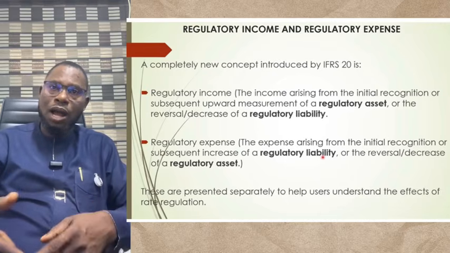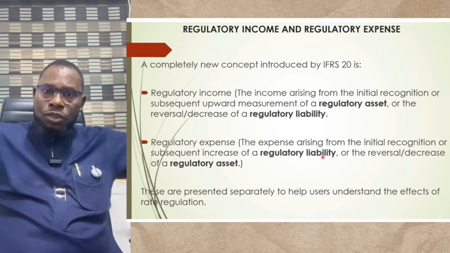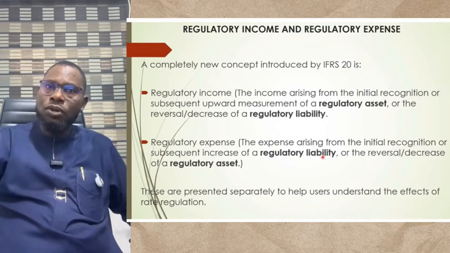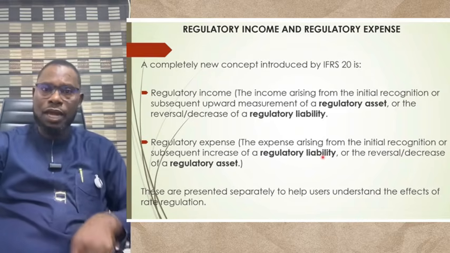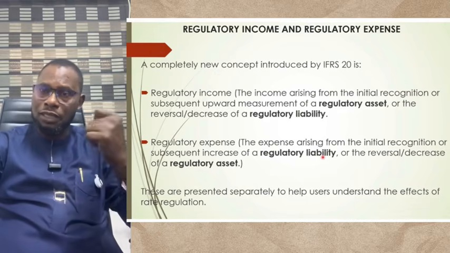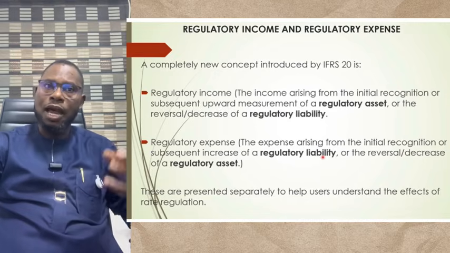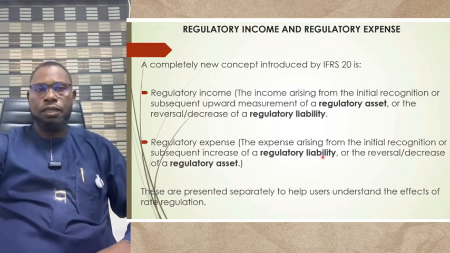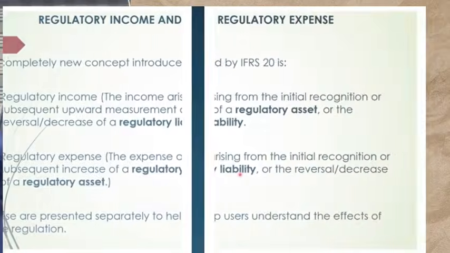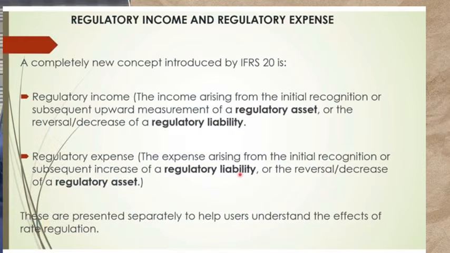By nature of how it happened, whatever expense you incur in establishing that regulatory liability, or the reversal or decrease of a regulatory asset. So when you reverse or decrease a regulatory asset and you incur any expense, that expense is called a regulatory expense. Now, these are presented separately to help users understand the effect of rate regulation. So I'm going to drop some practical examples of a regulatory income and a regulatory expense to make them clearer.